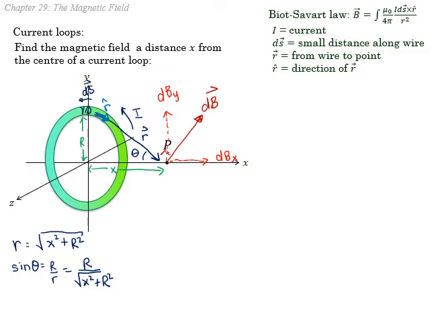And I did that just for ease of drawing, but we already dealt with talking about the z components when we dealt with finding the directions. So we know that the z component total is going to be equal to 0. Let's just deal with that angle a little bit more. So the angle between r and dBy is going to be 90 minus theta. And the angle between dBy and dB is going to be theta.